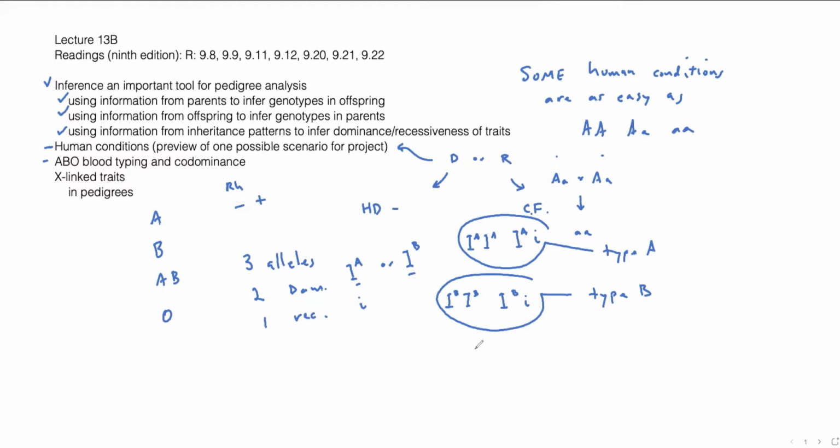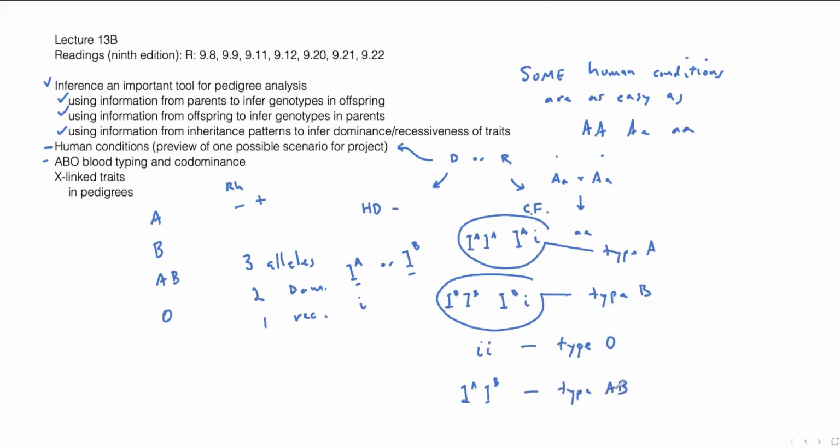If you are little i, little i, you are type O. And if you are I^A I^B, this is type AB.